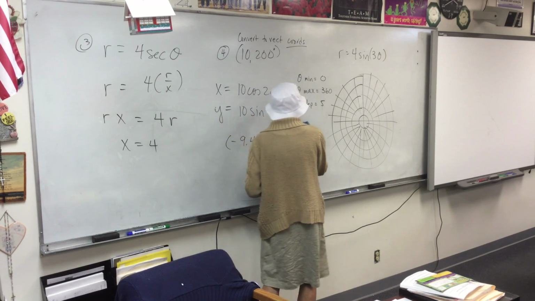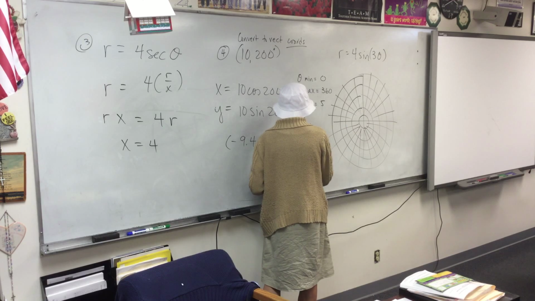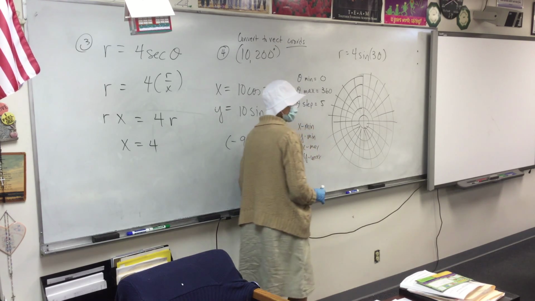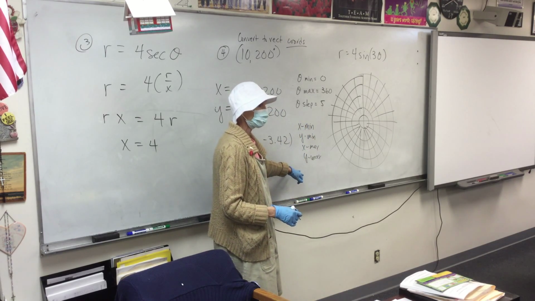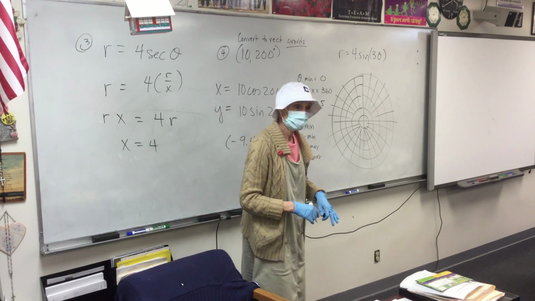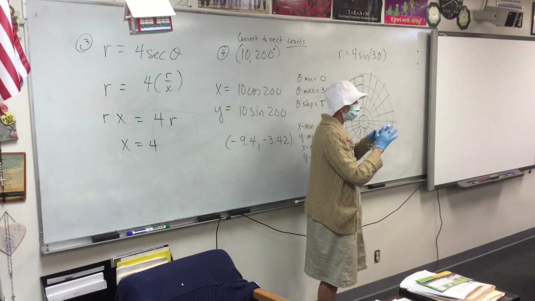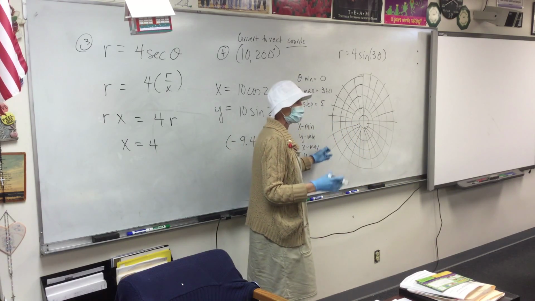Now, x min, y min, x max, y max, those can change. What are those going to depend on? How big the shape is. So in this case, you've already told me the leaves are going out 4 units. So whatever you set up here, it's got to be bigger than 4.